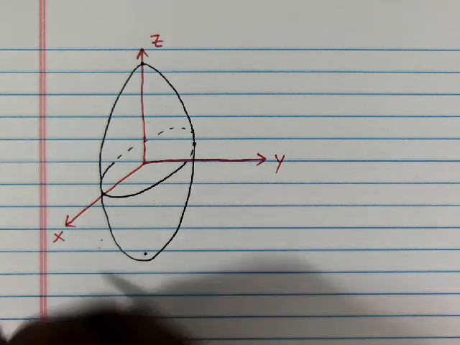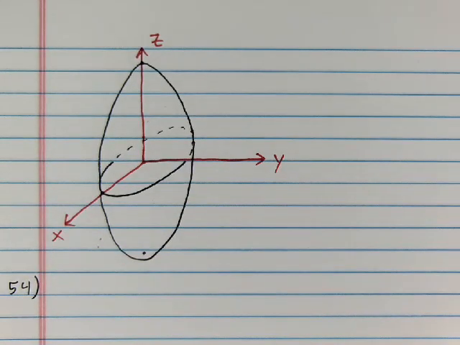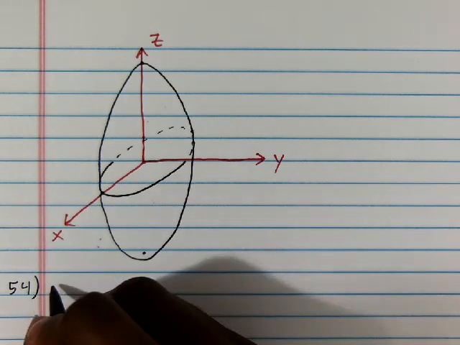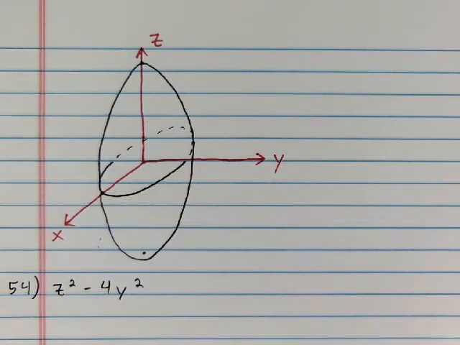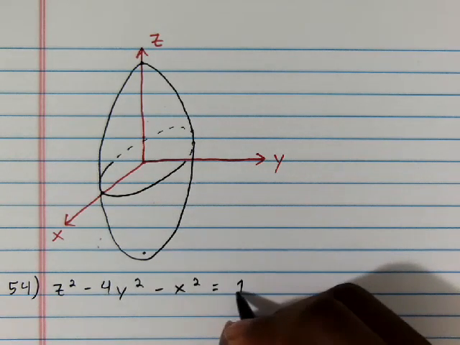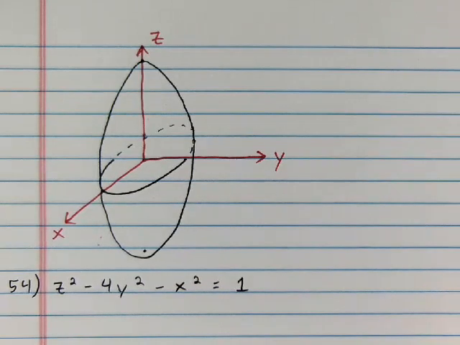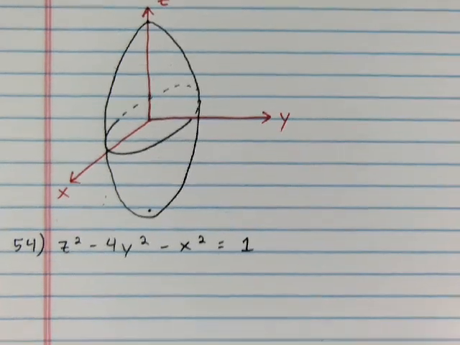And for 54, we are given z squared minus 4y squared minus x squared equals 1. So you all should go through those equations for quadric surfaces and see if you can figure out what this is from those equations, and we'll go through and sketch traces together to figure out what it is using traces.